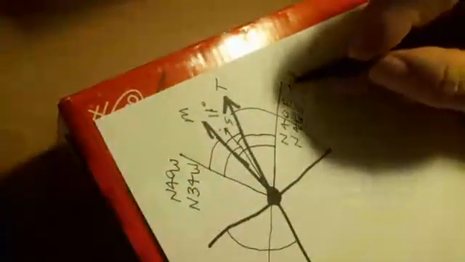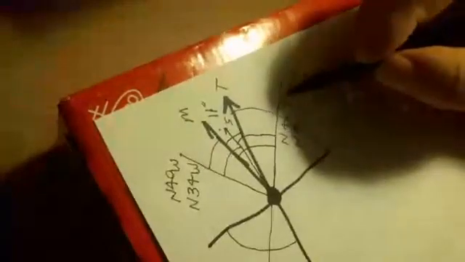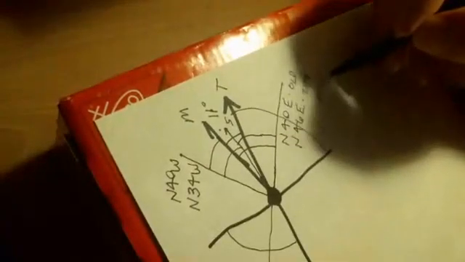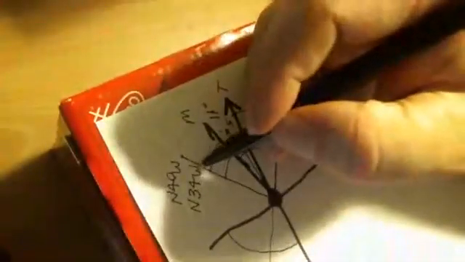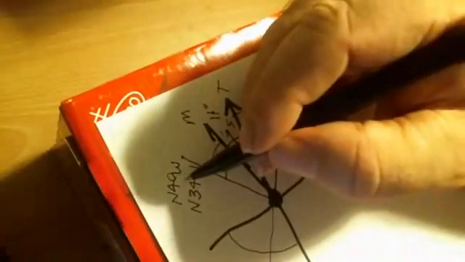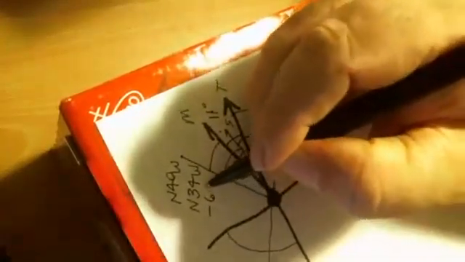So you see, in the northeast quadrant, which is from north to east, the correction is a positive 6 degrees. But in the northwest quadrant, the correction is a negative 6 degrees.